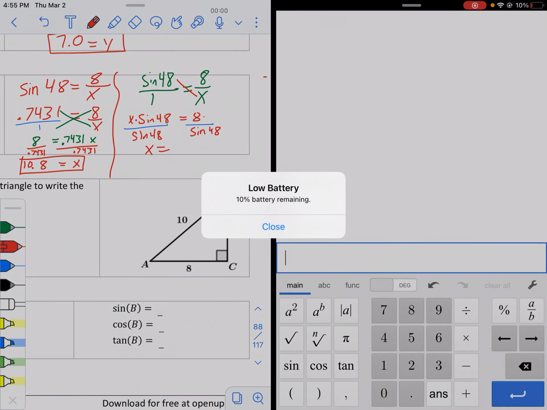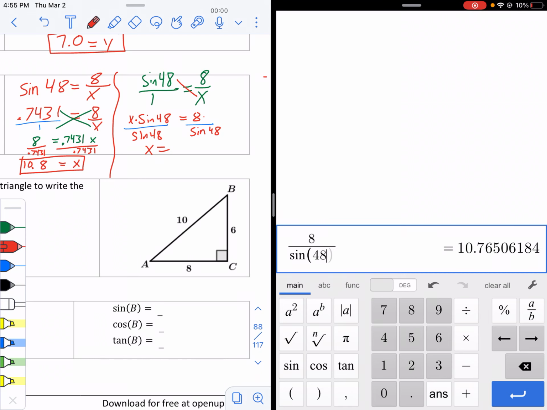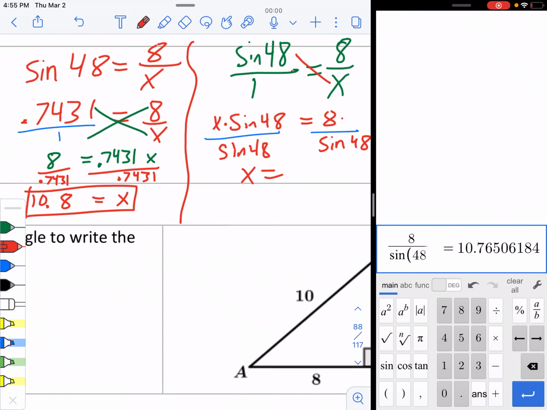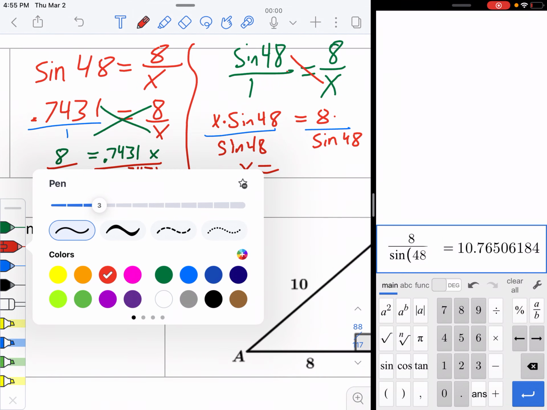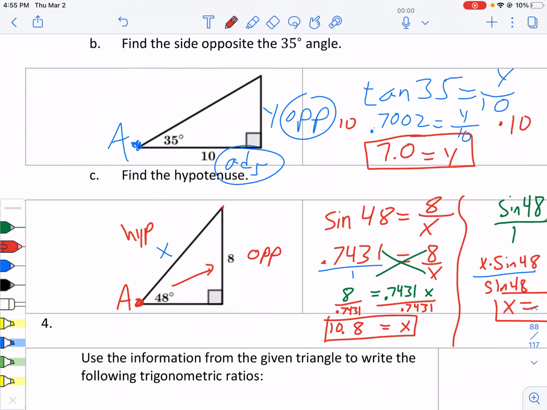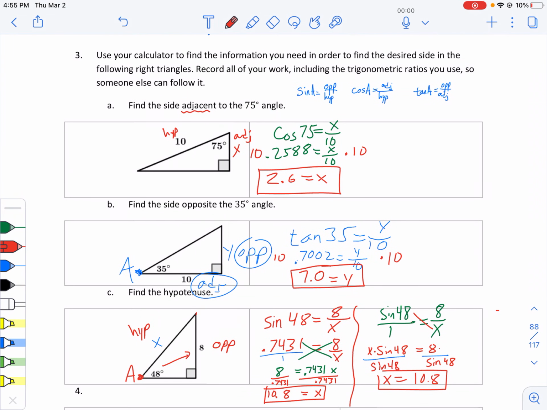So we have 8 divided by sine 48, and there's the same answer, 10.765, which rounds to 10.8, okay? So 10.8. So that's one way that you can do this, and you don't necessarily need to find the in-between decimal number. All right, well, hope that makes sense. We're going to go practice some now.